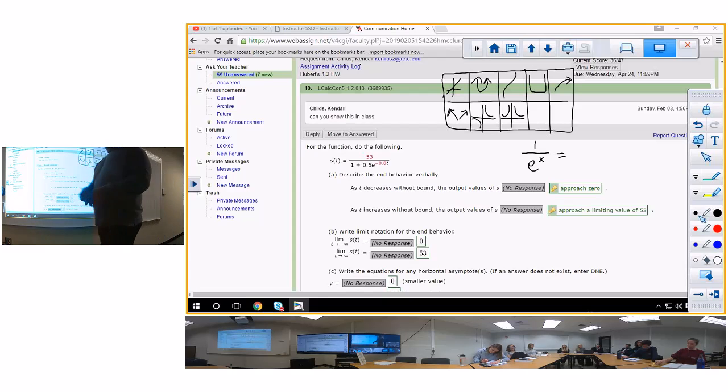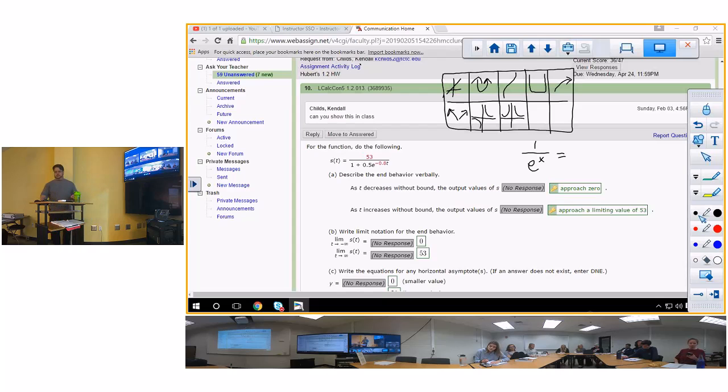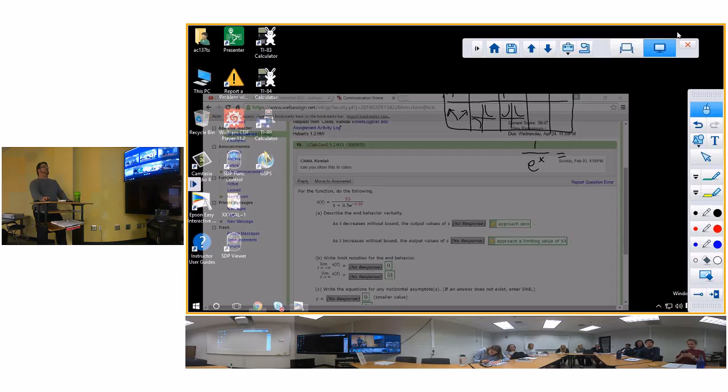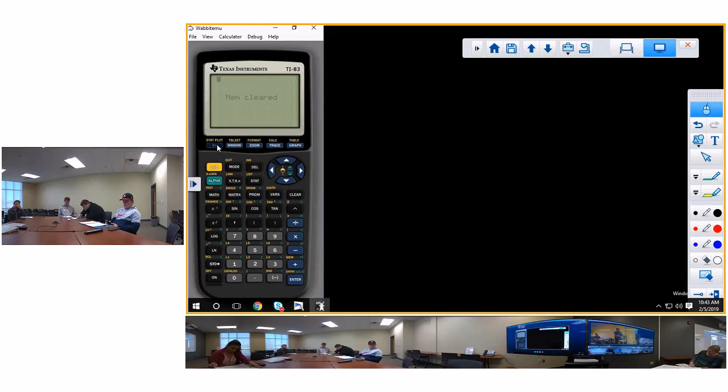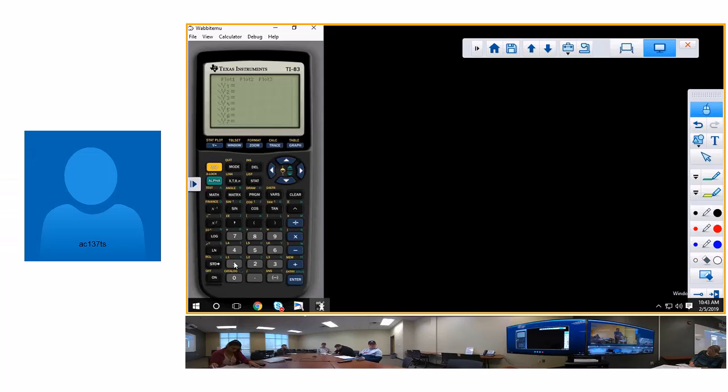We'll pull up the calculator and graph it, so you can see what all of those are going to look like. So let's pull up our handy-dandy calculator. And y is equal to 1 divided by parentheses e.